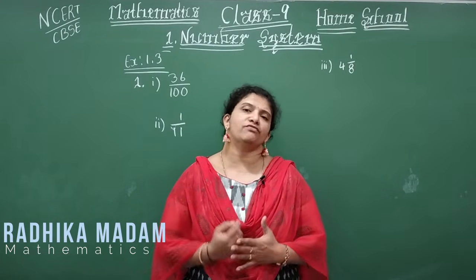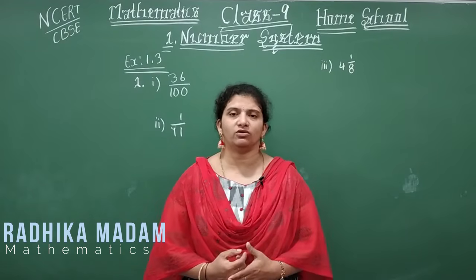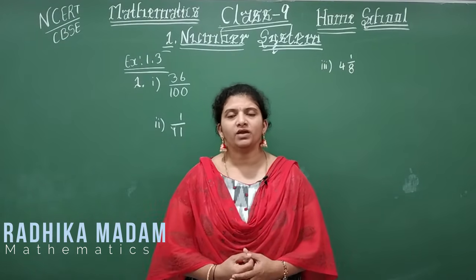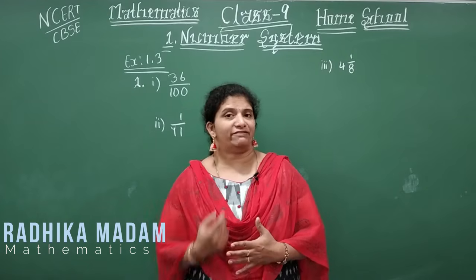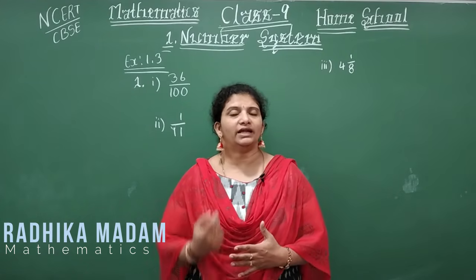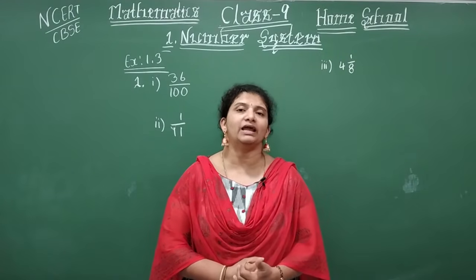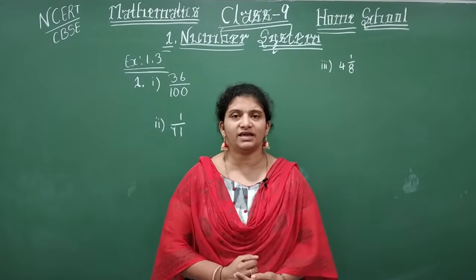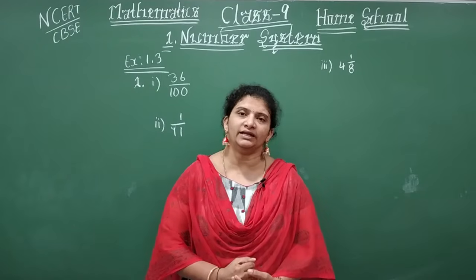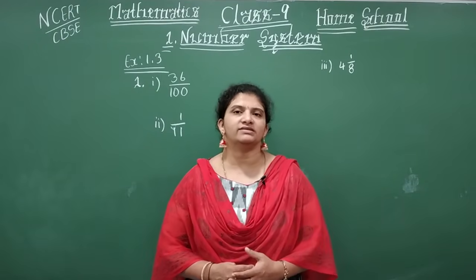Suppose you are not getting any remainder 0, meaning your division is never ending, so it continues on. That type of decimal is called a non-terminating decimal. Children, try to understand here.